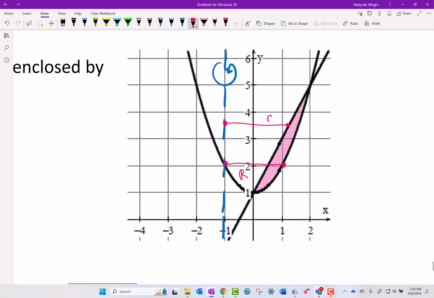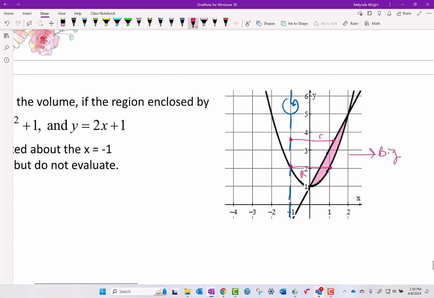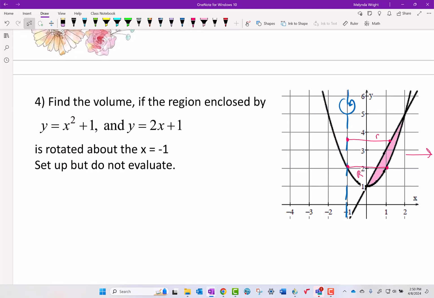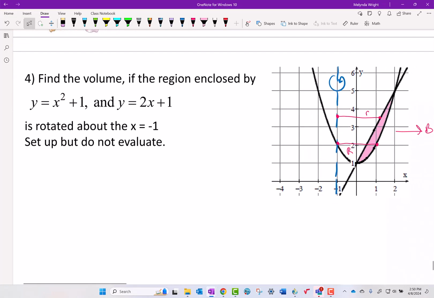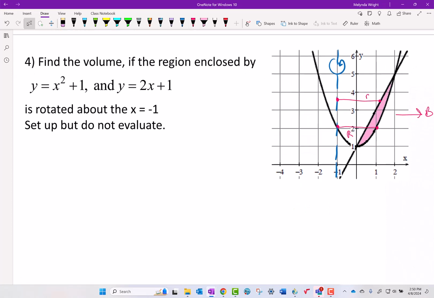So, remember, big is this way when we're doing x equals y's. Now, I don't know if you remember, these are the same equations from the problem above, where we solved these. So I'm just going to go straight to the solving. For the parabola, we got x equals plus or minus the square root of y minus 1.